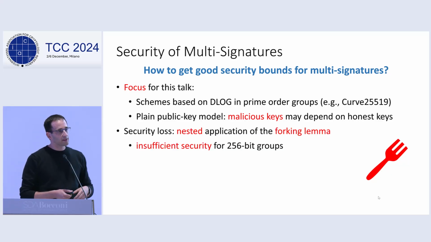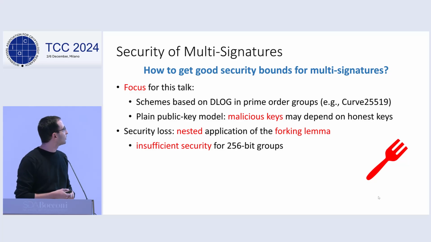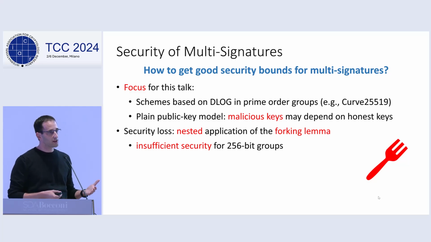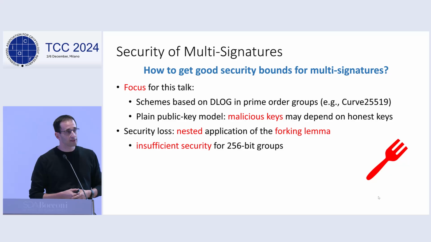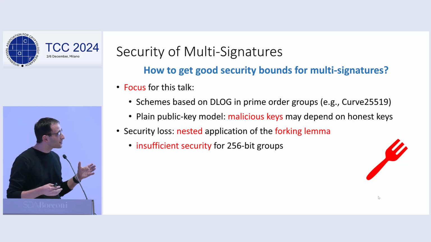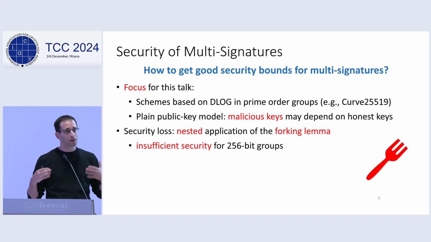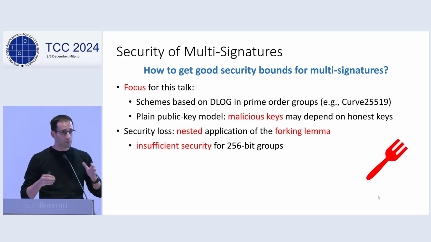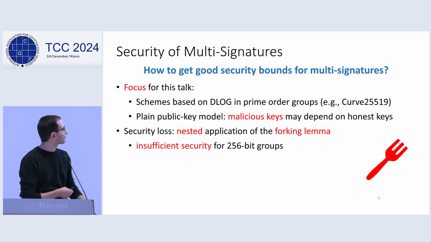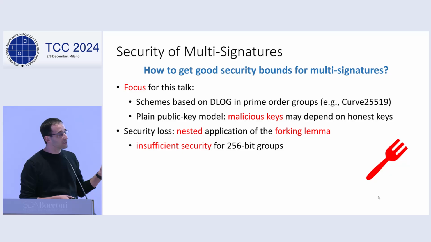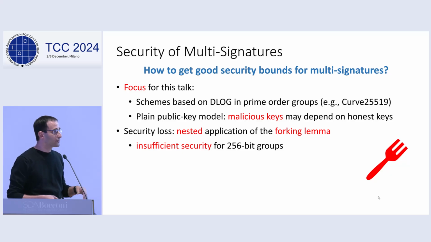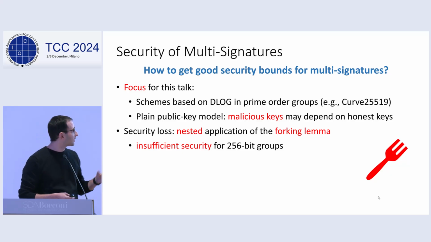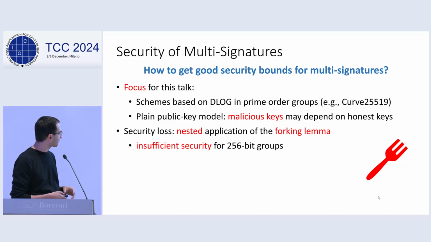In the existing schemes, there is a lot of security loss in the proofs. This is mainly due to something called the forking lemma, or here even nested applications of the forking lemma. I'm going to elaborate on this in a second, but the security that we get is actually insufficient for the popular groups that we use, like 256-bit groups.